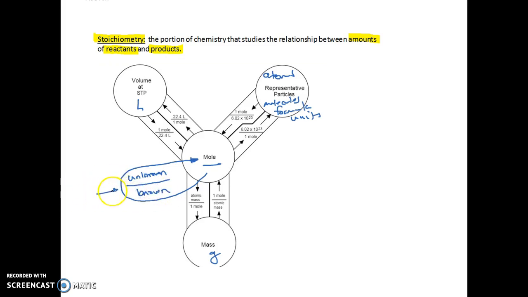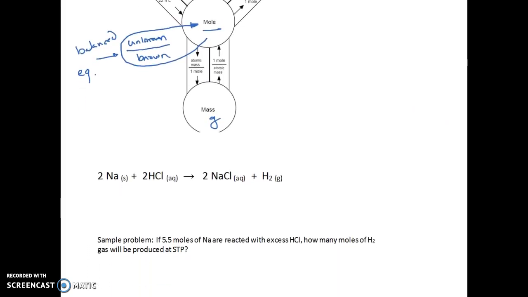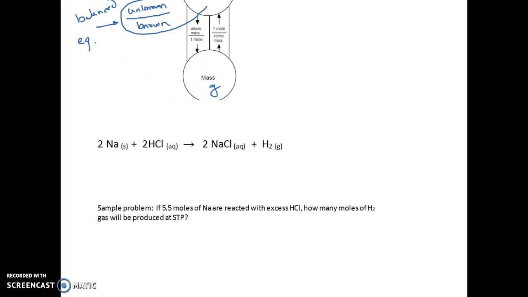And where we get these values is from our balanced equation. They are going to be our coefficients. This is what I mean by that. I'm going to scroll down here real quickly, and I've got a chemical reaction down here. In this chemical reaction, we have two sodiums reacting with two hydrochloric acids to form two sodium chlorides plus one hydrogen.